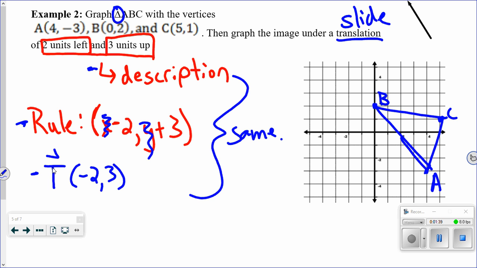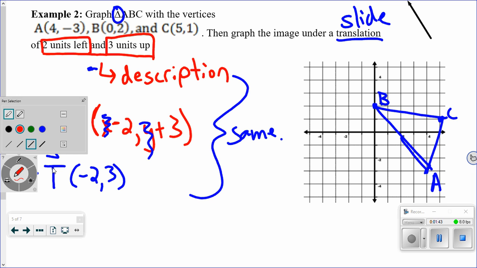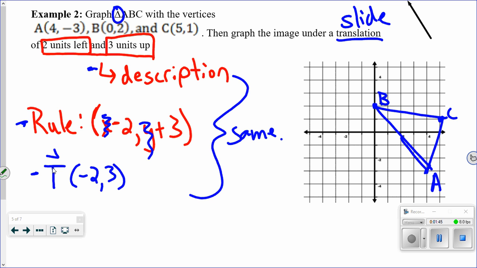So now let's move on to actually checking our work to see if we translated this correctly. The rule is 2 units to the left, so every single point in this triangle, we're moving 2 units to the left. So 1, 2, 1, 2, 1, 2. And then 3 units up.